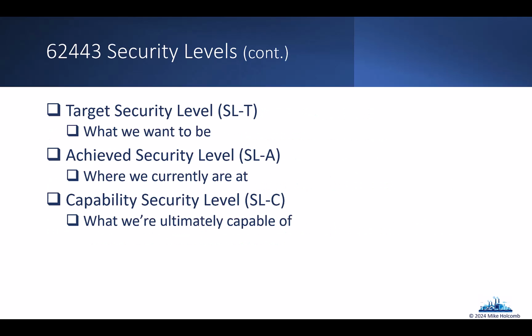Again, where we want to be is the target security level. Where we're at today is the achieved security level, right? And how do we get from where we're at today to the target? If we want to be at security level 2 and we're already at security level 2, then we could say we're done.